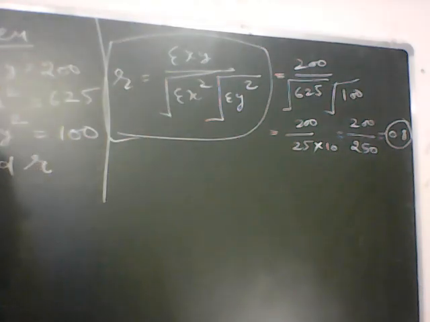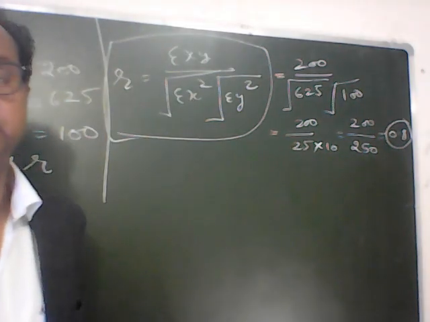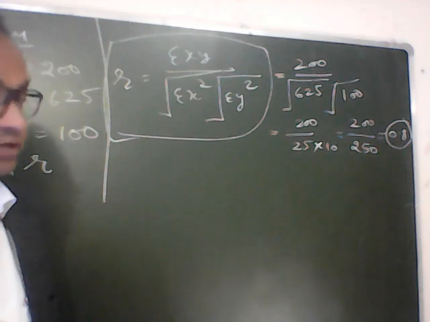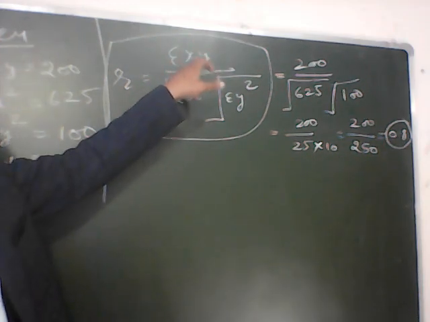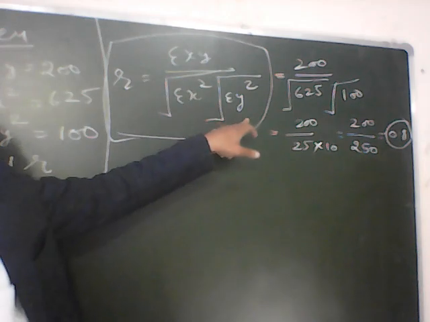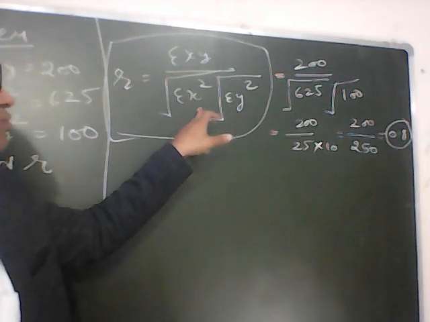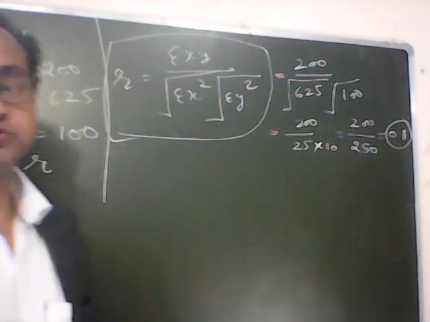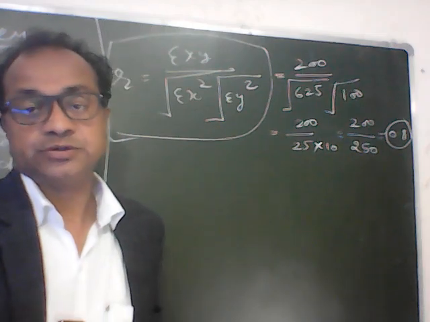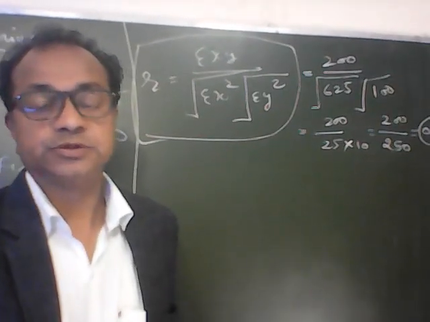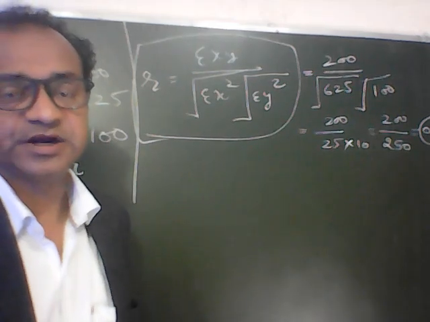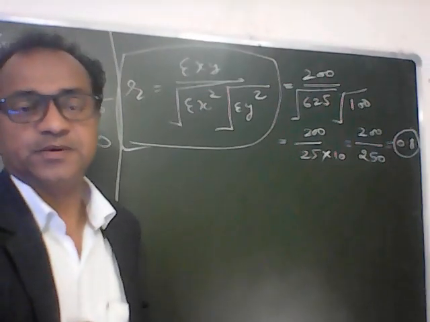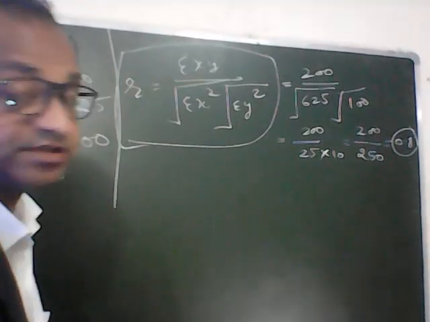Sometimes the values are given and we have to solve the question, and then we can use this formula: r equals summation xy divided by the square root of summation x square times the square root of summation y square. Next, in the same lecture we shall also find some practical examples of probable error and standard error.